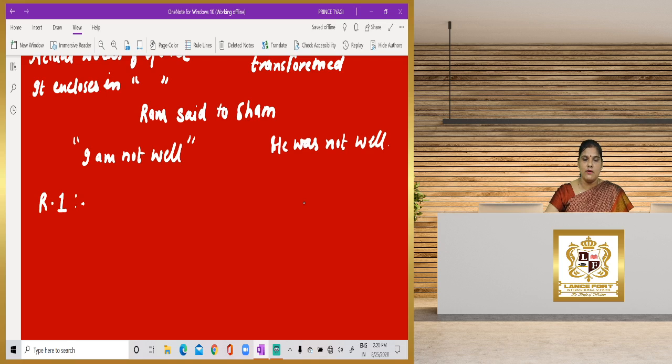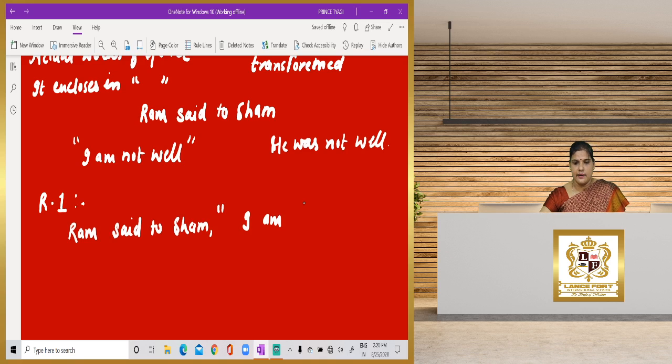What is rule number 1? As I have told you through an example, again I will make you understand. Ram said to Sham, comma, inverted comma start, I am not well. Now easily you can understand it is a direct speech, because it is enclosed in inverted commas.